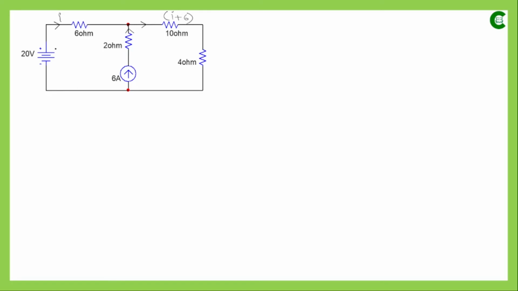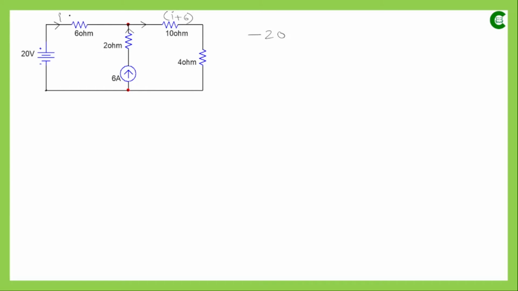Now if we consider the outer loop of this circuit, then what equation we can form is, if we now start traversing this, I will give you the concept of super mesh or super loop in the following class. Now in the outer loop, if we apply the KVL concept, and if we start traversing from this point, then it will be minus 20 as per the polarity of this voltage source.